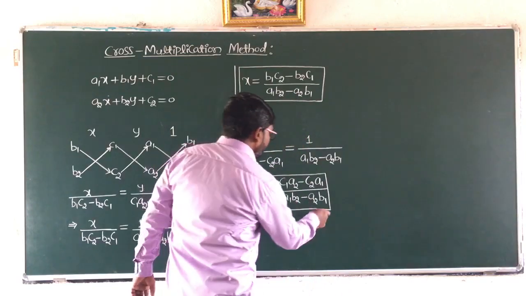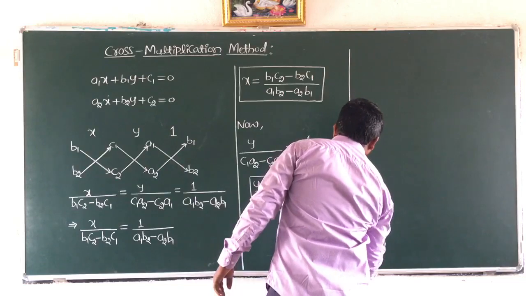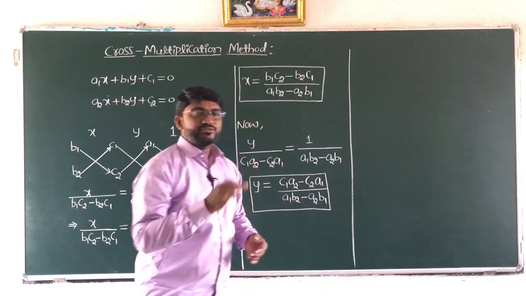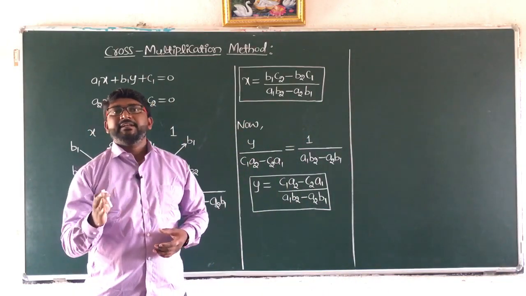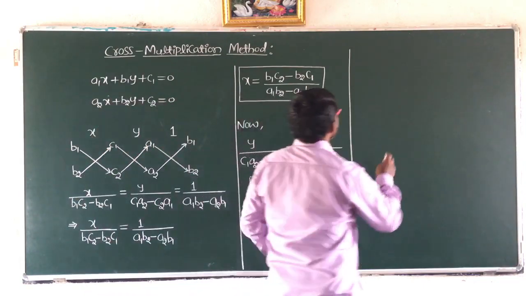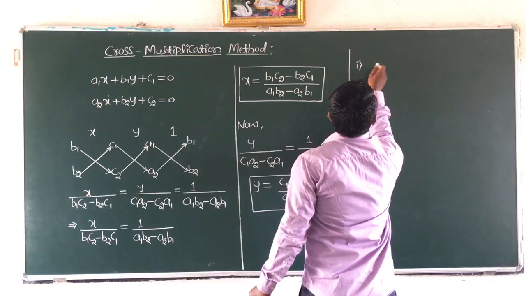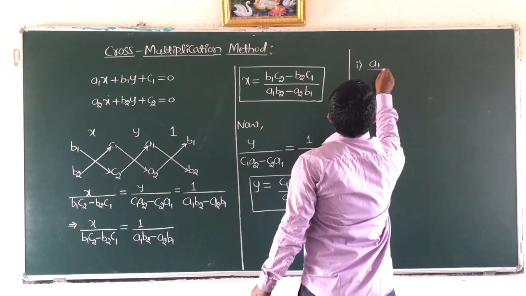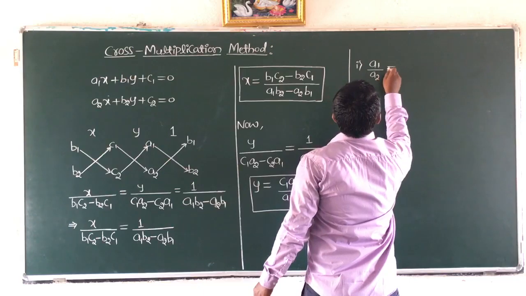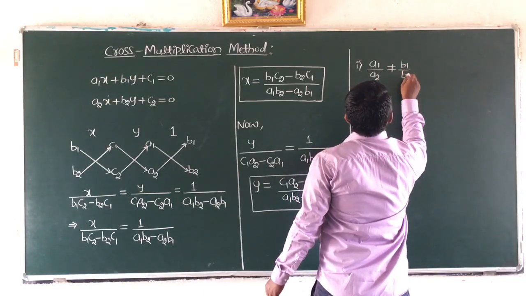Now let us recall the condition for unique solution, the condition for infinitely many solutions and the condition for no solution. See here, the first one: a1 by a2 is not equal to b1 by b2.